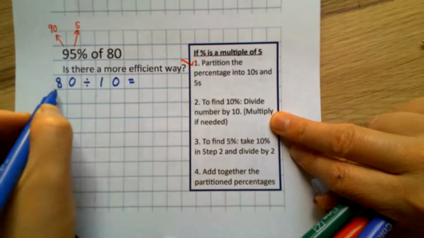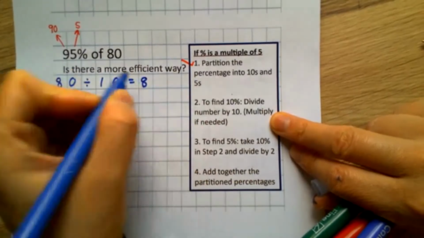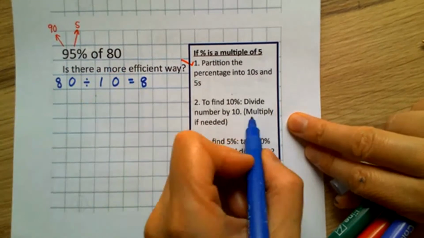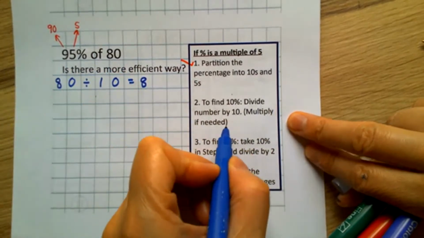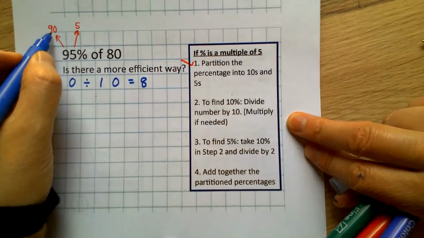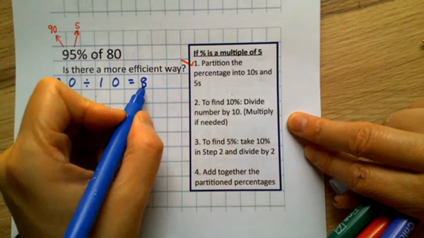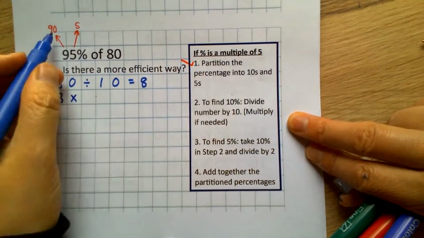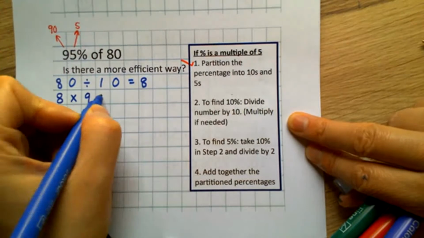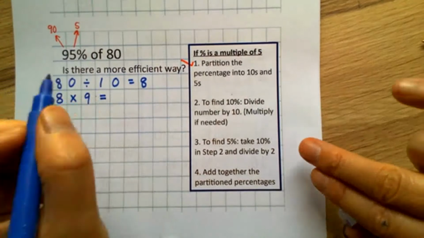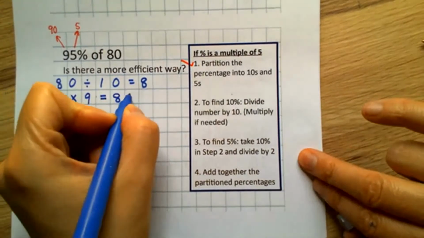Great. 80 divided by 10 equals 8. That's nice and easy. Next, I have to multiply it if needed. Now, I don't need 10%, I need 90%. So I need 9 more 10%. So I'm going to multiply 8 by 9. And so that equals 81.